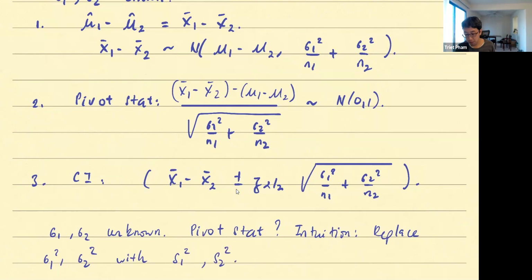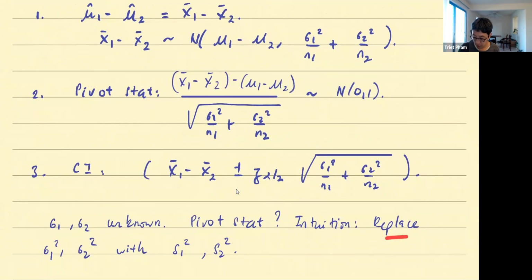This is actually the point of this class, and you'll see this same idea in all your other stat courses, except that it's not done as explicitly or as carefully. Replacing this is easy. Everyone with some basic knowledge of stat would know that. The hard thing is to decide what the exact distribution is after you replace.